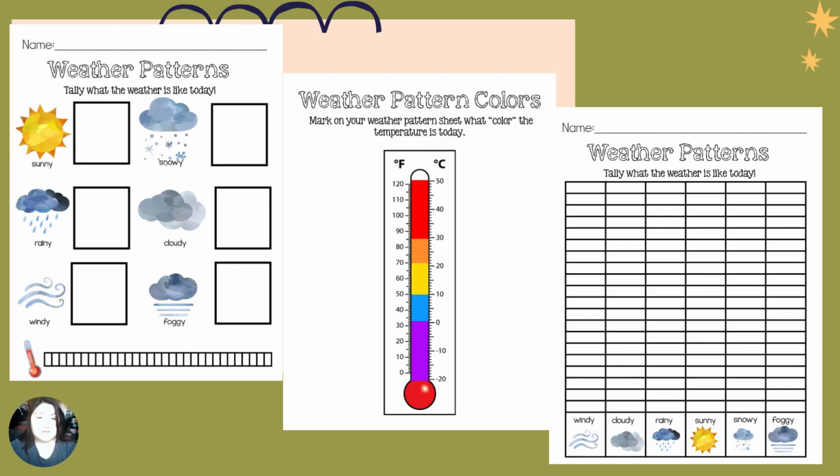The worksheets that students will be using are these worksheets. We can see that there's a worksheet that has the sun, the clouds, the wind, and then our second worksheet is like a thermostat, I think, which has different colors, and then we have a bar graph next to it.